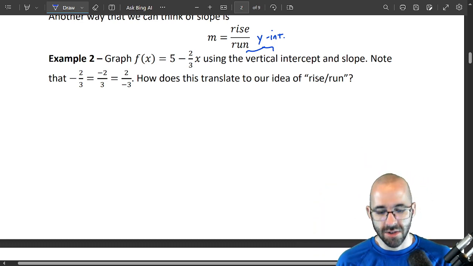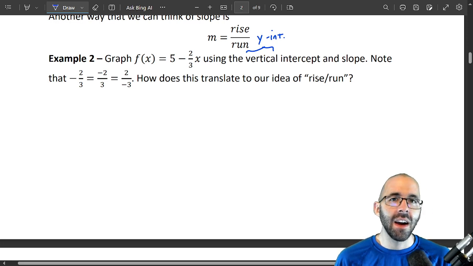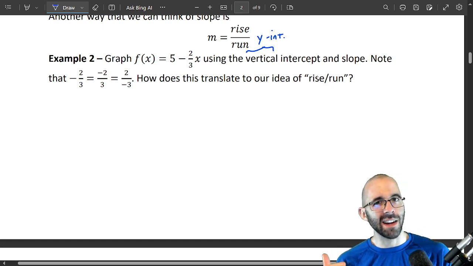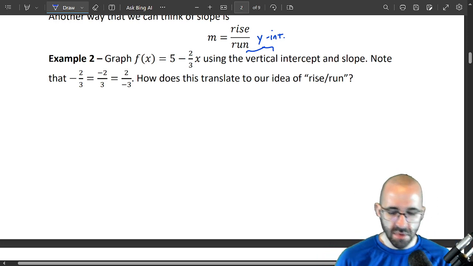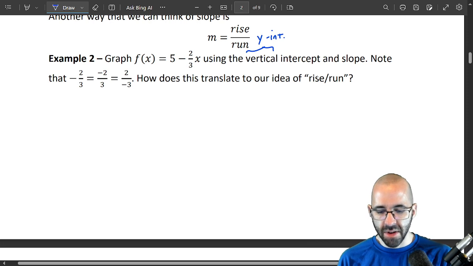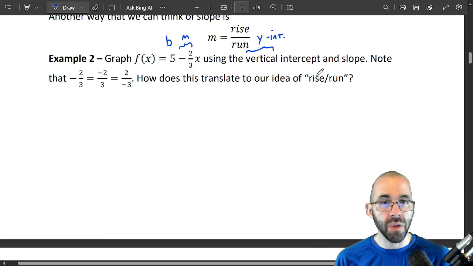So vertical intercept and slope is more general, and I'm not used to saying vertical intercept, so I might switch back and say y-intercept. The vertical intercept is going to be our b, and the slope is going to be this whole negative value.